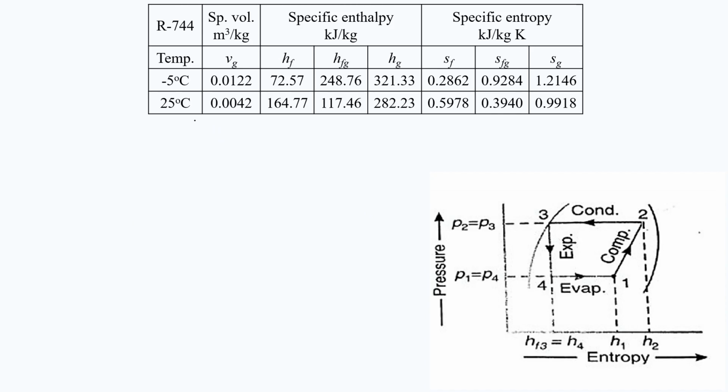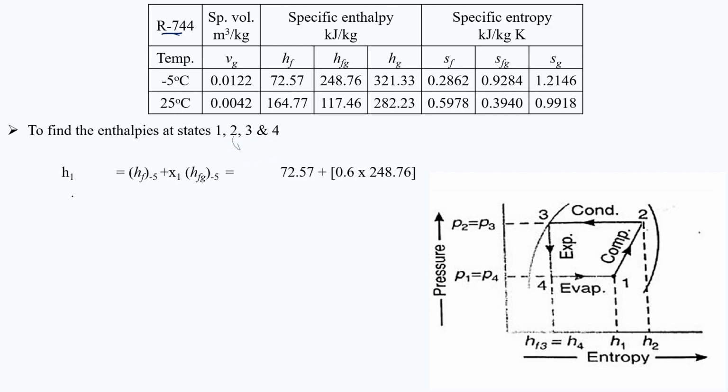So we'll be taking the values of refrigerant 744 at temperatures -5 and 25, the values being Vg, Hf, Hfg, Hg, Sf, Sfg and Sg respectively. First of all, we have to calculate the enthalpies at points 1, 2, 3 and 4.